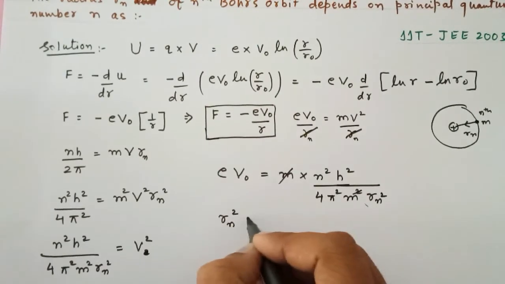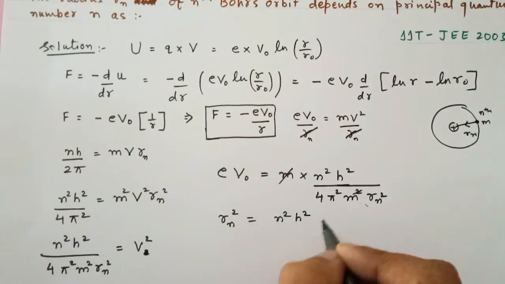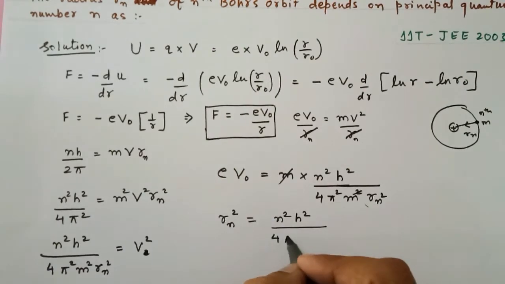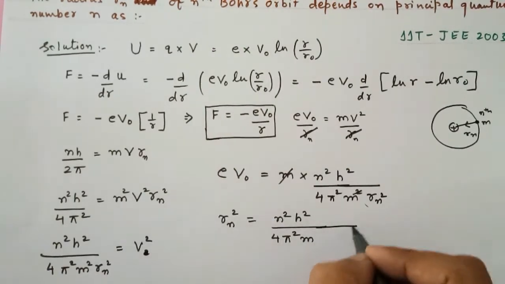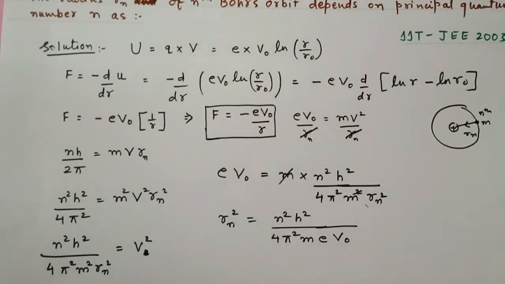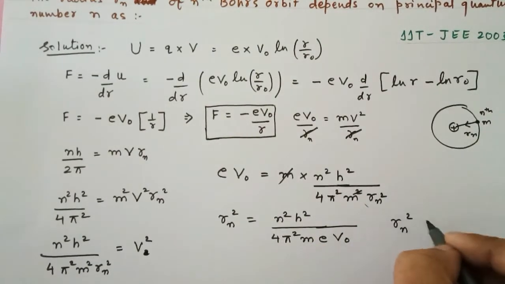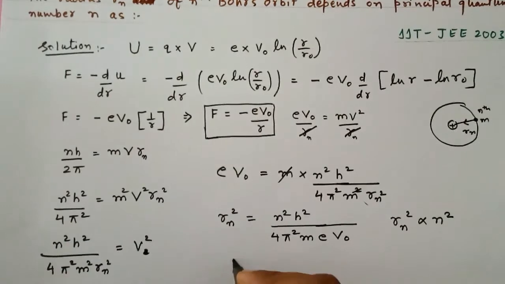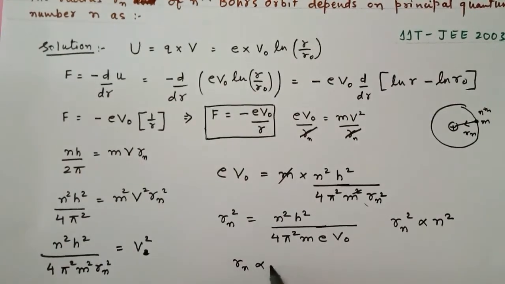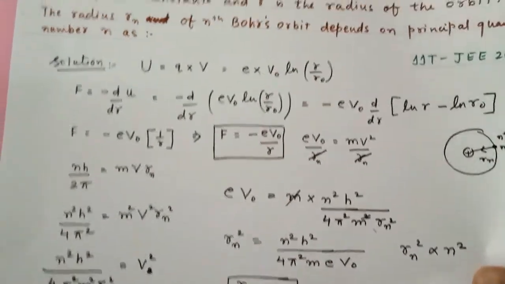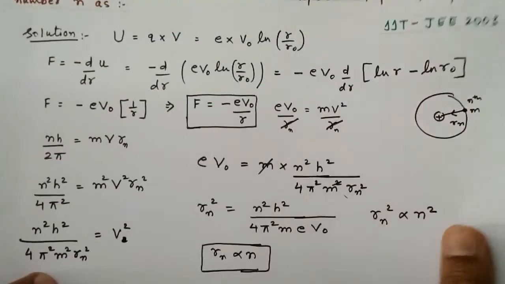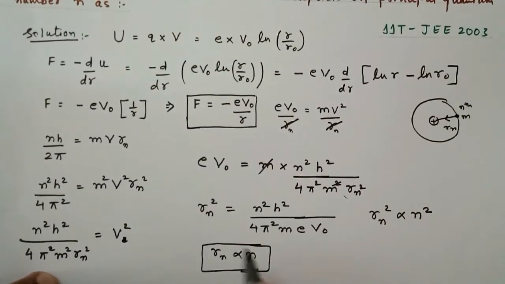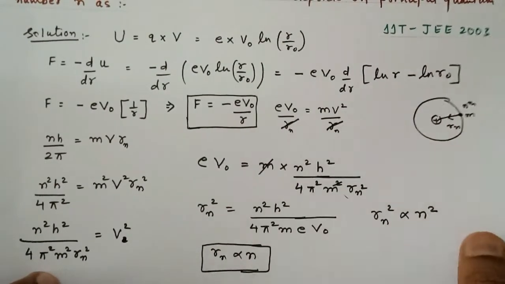So Rn square is equal to n square h square upon 4 pi square m times e times V0. We can see that everything is constant except n. So we can write Rn square is proportional to n square, so Rn is basically proportional to n. So here we are concluding our problem, and the solution is that Rn and n are directly proportional to one another.